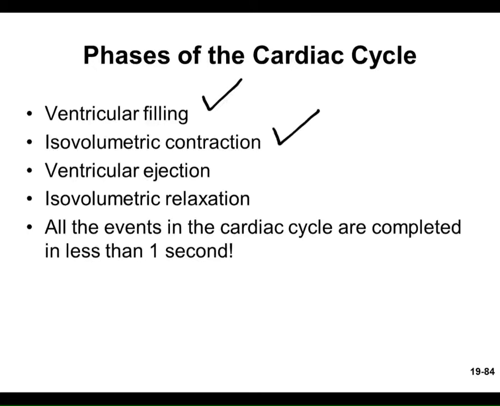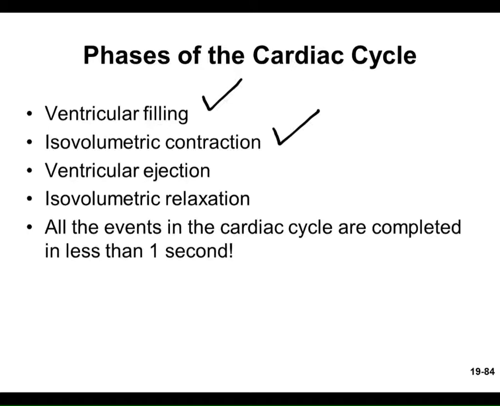the ventricles will begin to contract in what's called isovolumetric. Iso, same, volumetric, same volume. During isovolumetric contraction, the ventricles are beginning to squeeze, but the volume hasn't changed yet. It's still the same volume. Then, at some point, you're going to squeeze the ventricles strong enough that you're going to push open what valve?